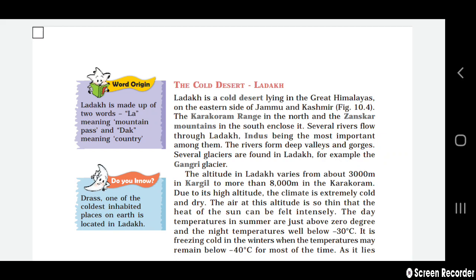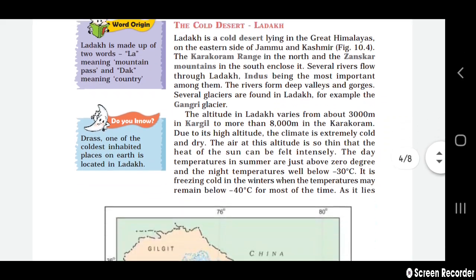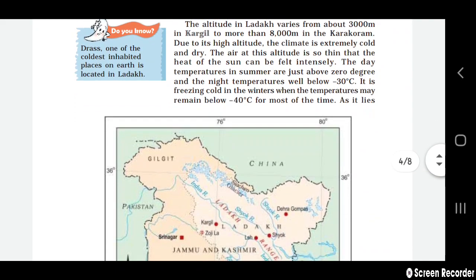Several glaciers have been found in Ladakh, for example the Gangri Glacier. The altitude in Ladakh varies from about 3000 meters in Kargil to more than 8000 meters near Karakoram.